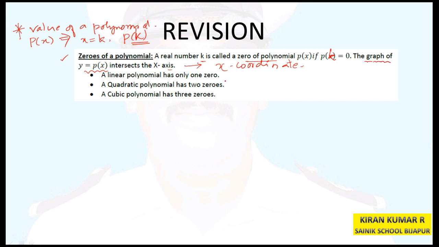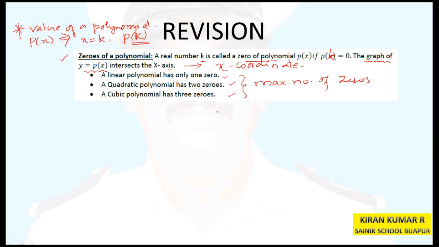Further, we have learned that a linear polynomial has 1 zero, a quadratic polynomial has 2 zeros, a cubic polynomial has 3 zeros. These are the maximum number of zeros.